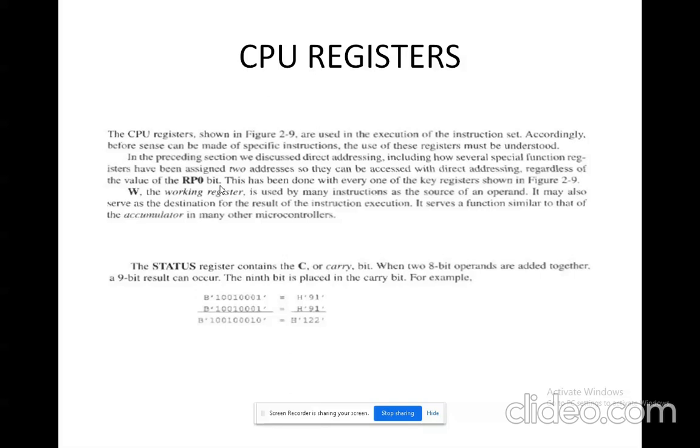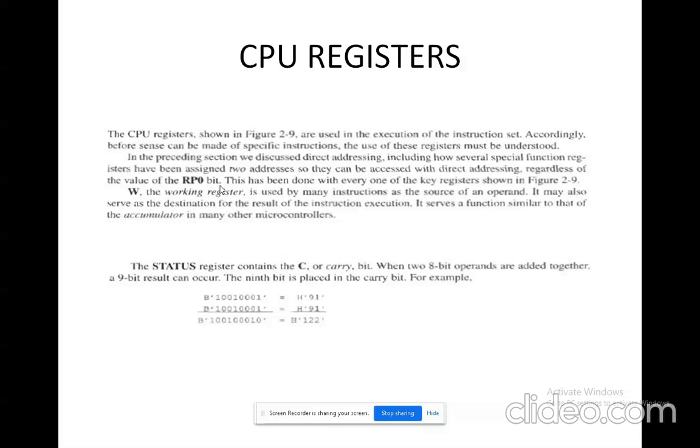That means you will be getting the data for doing some process. Move means any process, or add, subtract. Likewise this working register will be used as a source operand in the instruction.